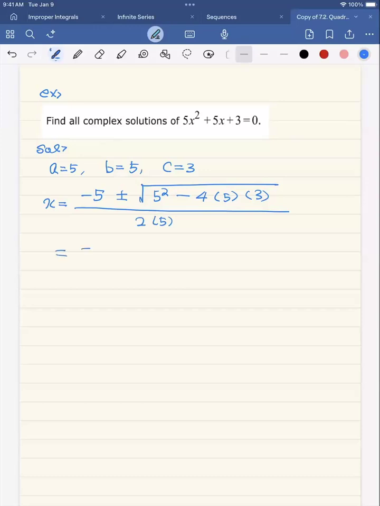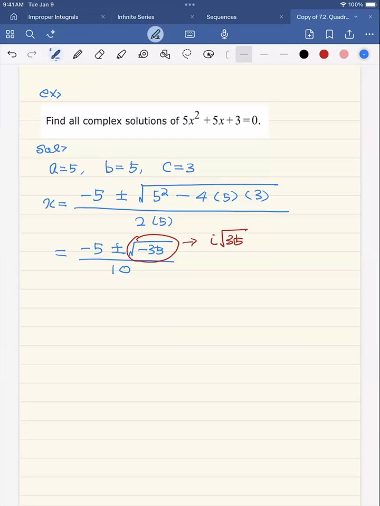So that is minus 5 plus or minus square root of minus 35 over 10. Minus 35 must be rewritten as i times square root of 35.